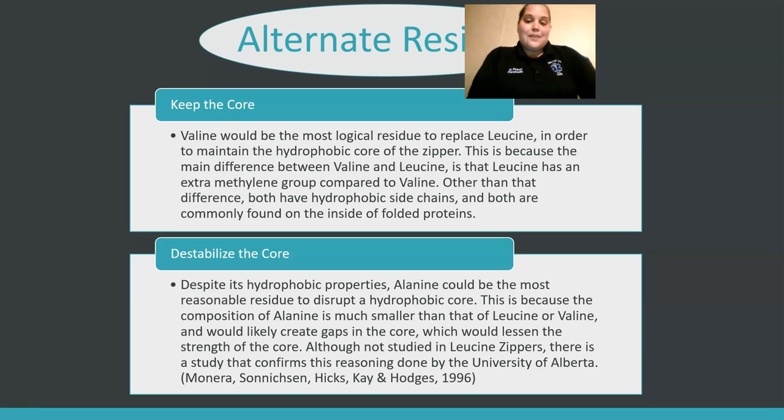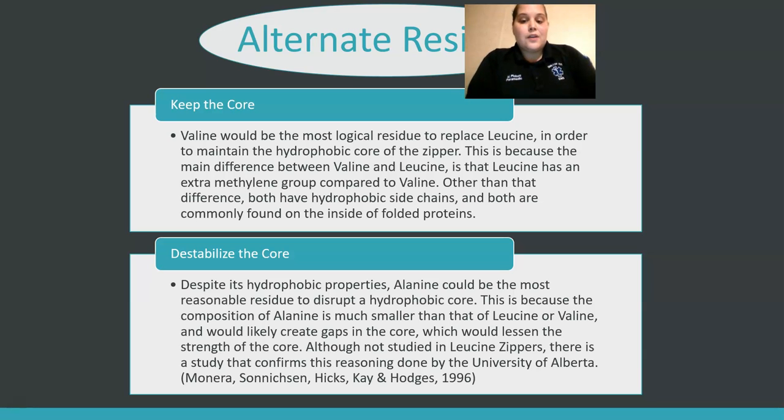In terms of destabilizing the core, I think that alanine would be the most reasonable residue to suggest to disrupt the hydrophobic core, despite it being a hydrophobic side chain amino acid. This is because alanine is a lot smaller than valine or leucine. Therefore, it's likely going to create gaps.